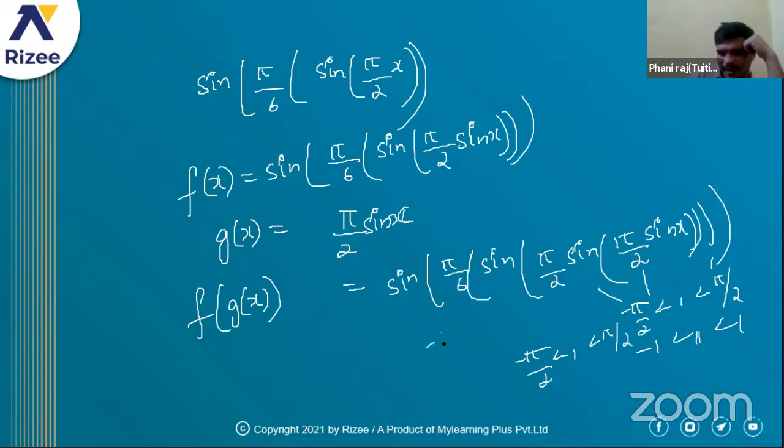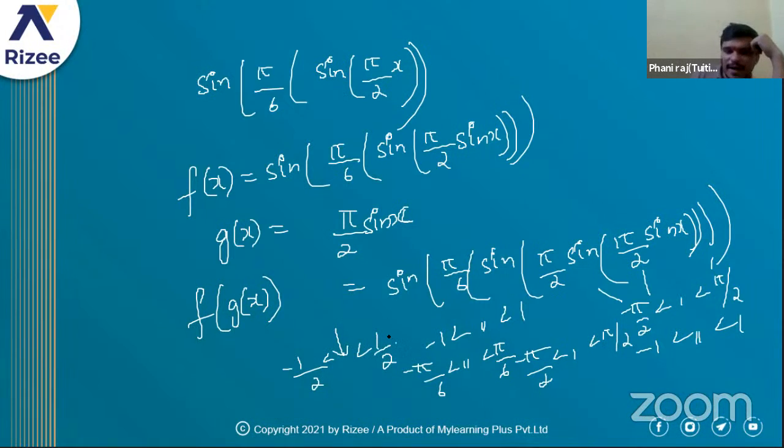Again, sine gives minus 1 less than that value less than 1. Again, if you take pi by 6, minus pi by 6 less than this entire thing less than pi by 6. Now, if you take sine, you get minus 1 by 2 less than this entire thing less than 1 by 2. So even for f of g of x, the range doesn't change. The range is the same even for f of g of x. Correct? Minus 1 by 2 less than 1 by 2.